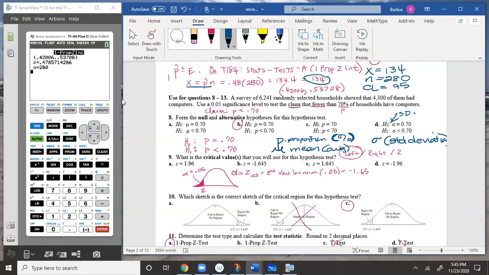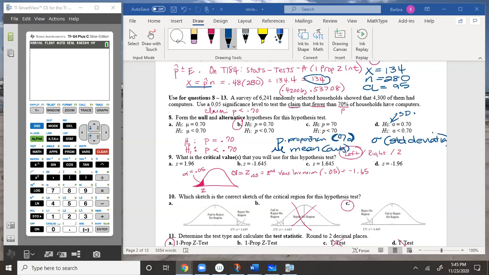So that's the setup. Then we find the critical value. And we can look that up in the chart, or we can put it in our calculator. Okay. I'm going to do both just to see that you understand how to do both.